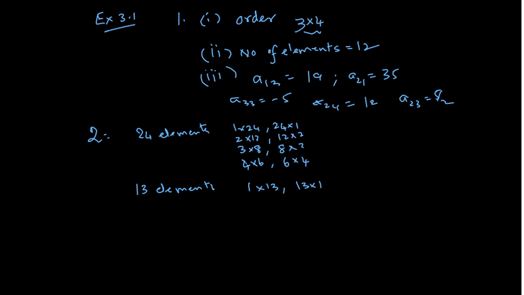Second, 2 into 9, 9 into 2. 3 into 6, 6 into 3. That's all, right? Okay, 6 possibilities. If it has 5 elements, then 1 into 5 and 5 into 1.